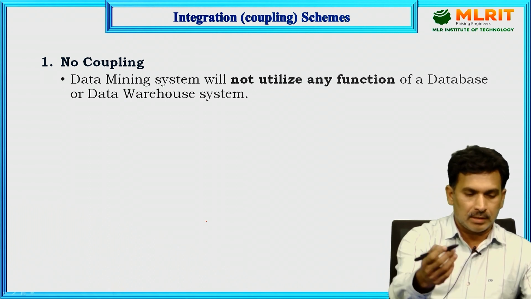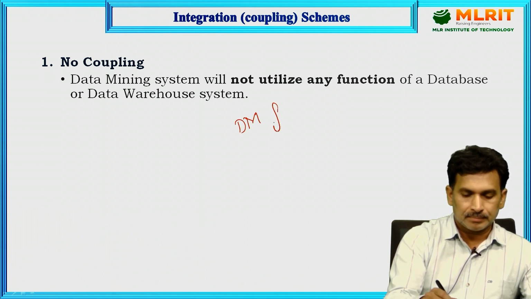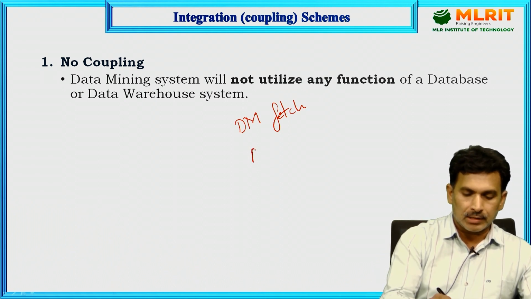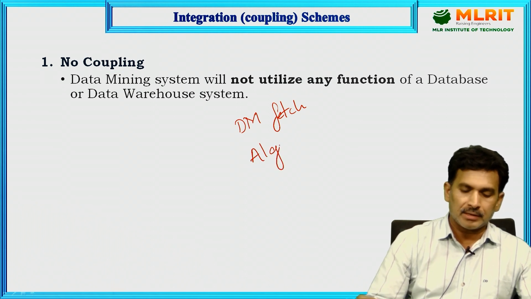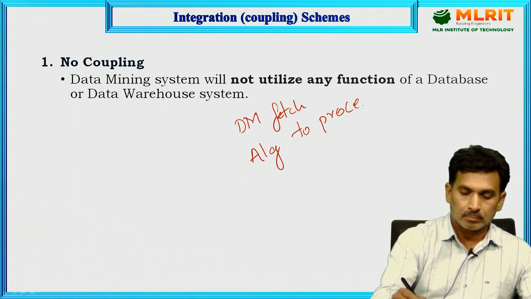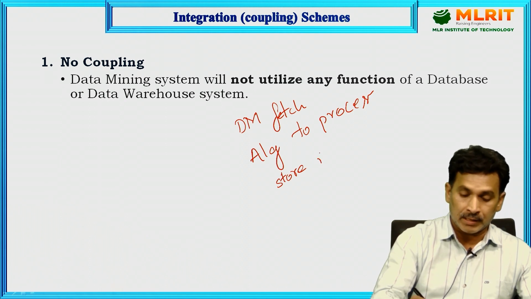In this case the data mining system fetches data from the different sources, uses different data mining algorithms to process the data, and stores the processed information in other files.